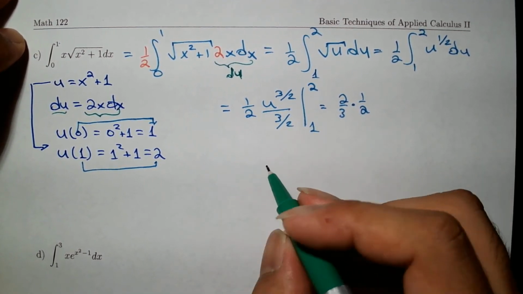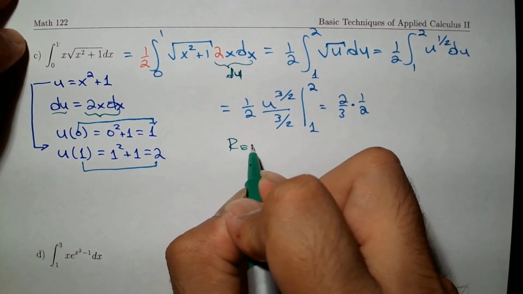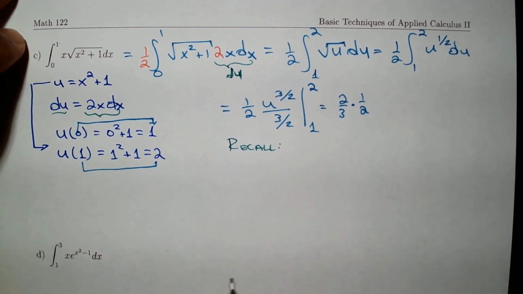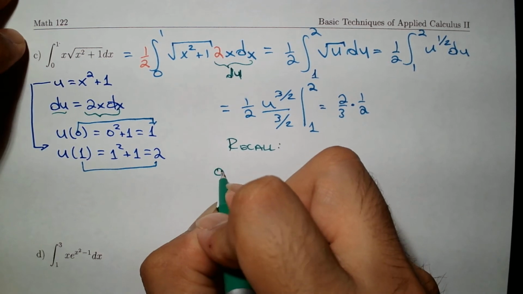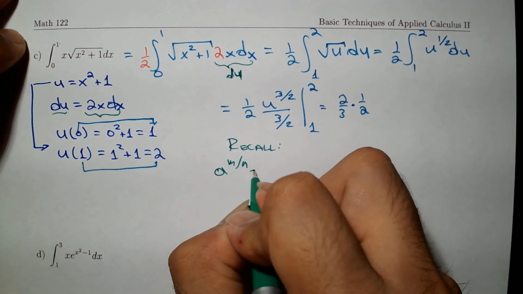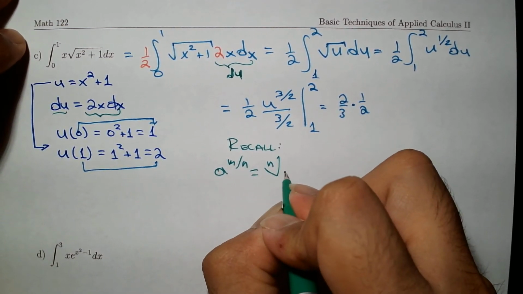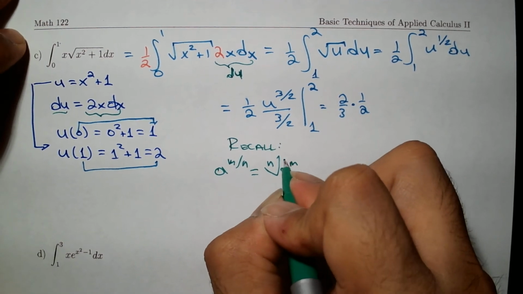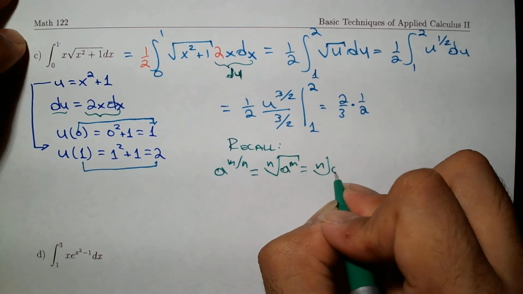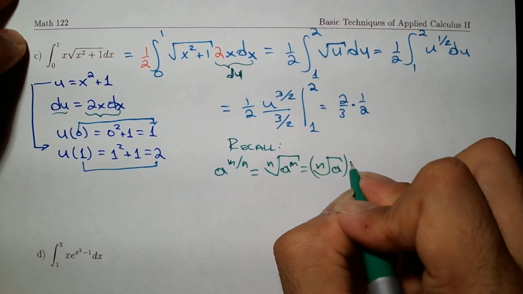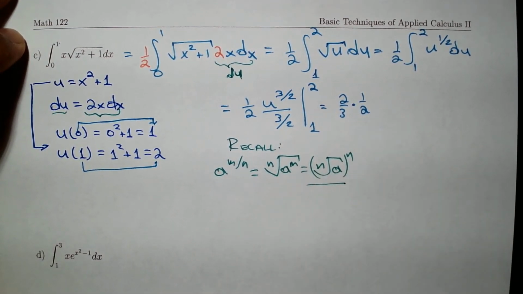Just to recall, when we have a to the m over n, this is the nth root of a to the m, or the nth root of a, the whole quantity to the m. I'm going to use this one.